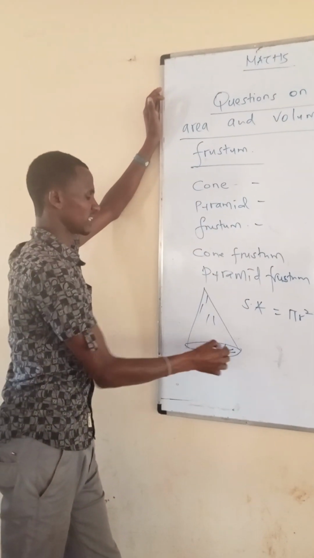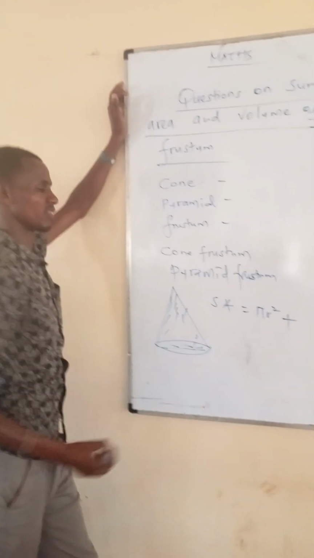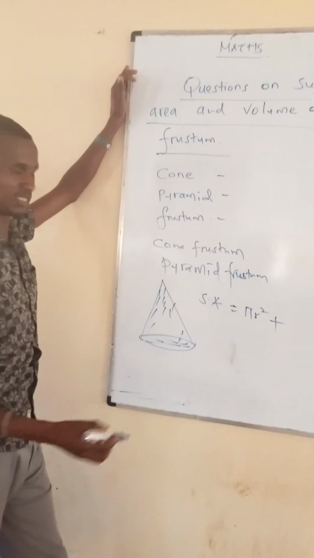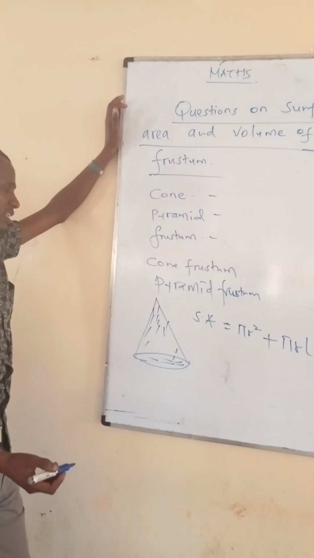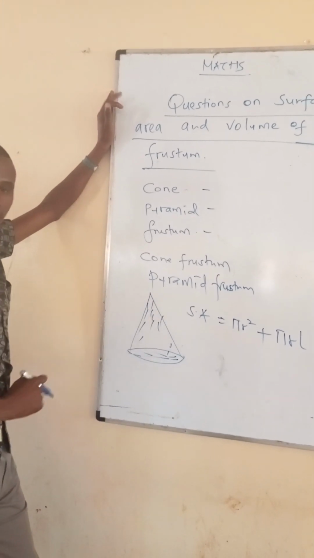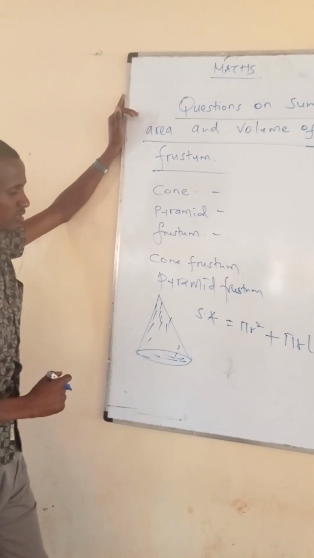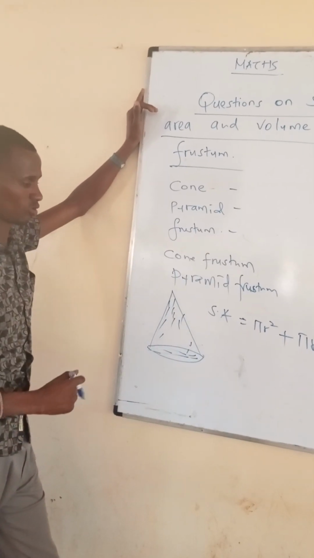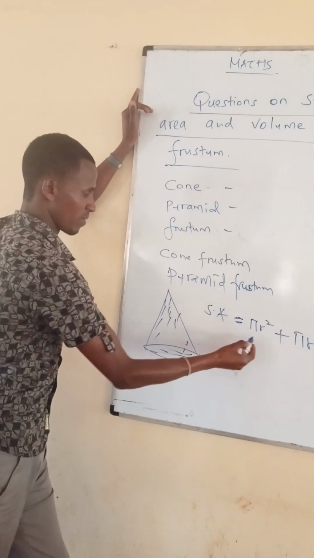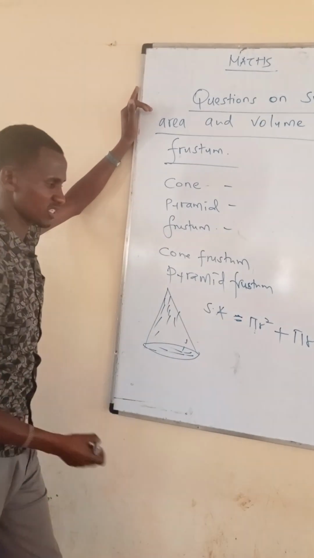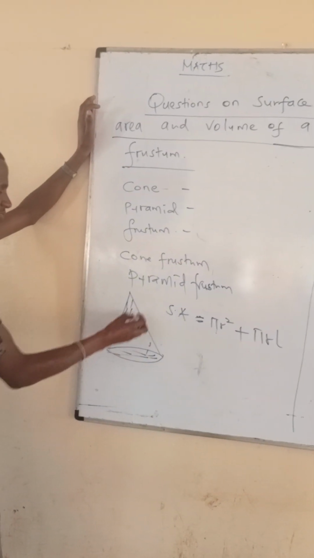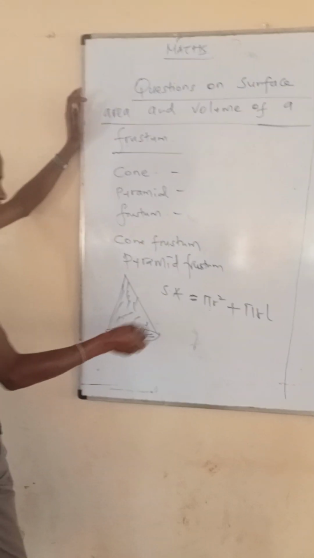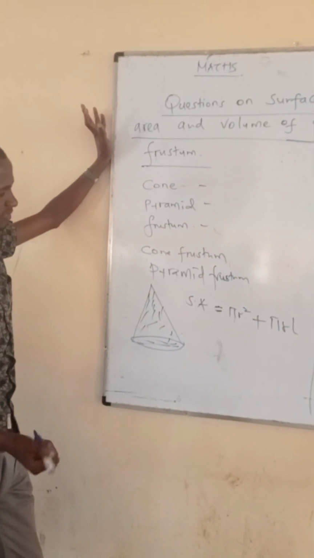And we proved and found that the curved surface area is pi r l. So that is how we get the surface area of a cone, whereby this is the area of the base and this is the curved surface area of this part. So you add them so that you get the total area of surfaces.